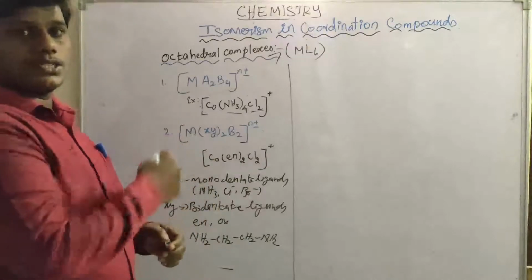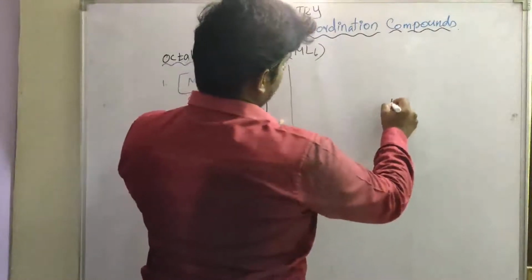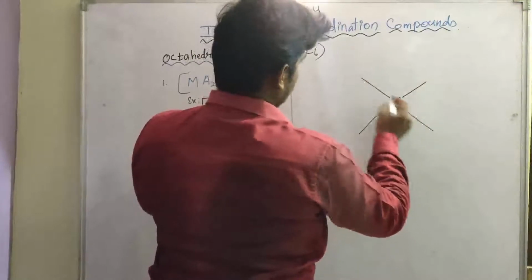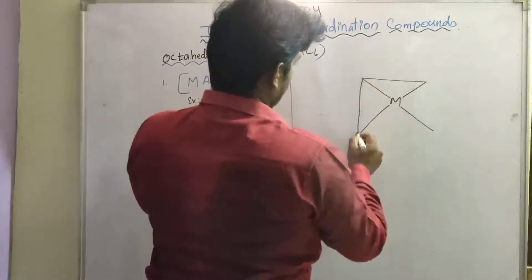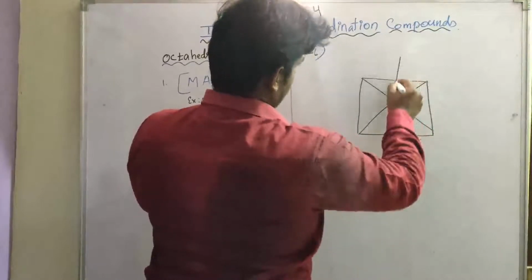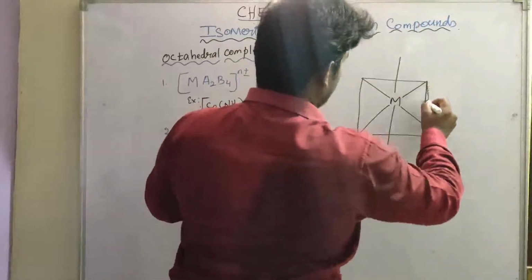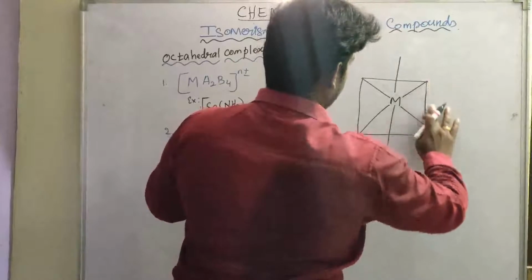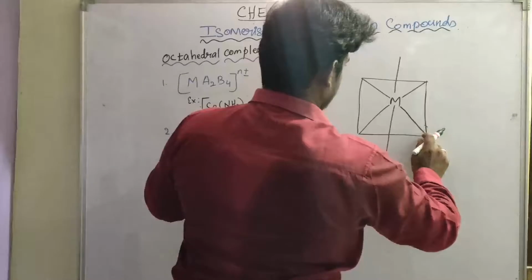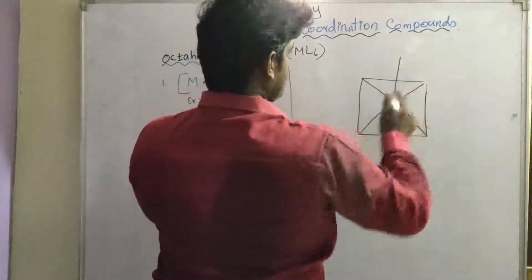Now the structure of the octahedral complex. This is also the simple structure of the octahedral complex. Here the carbon is present in the ligands.